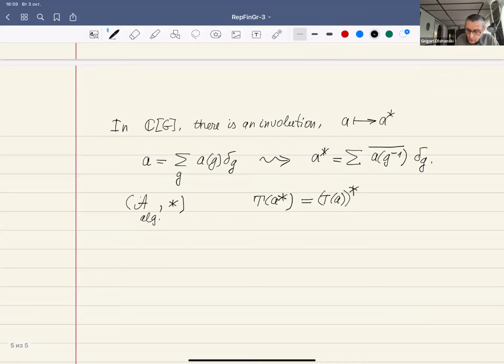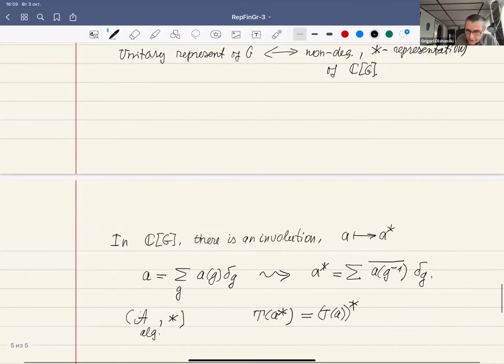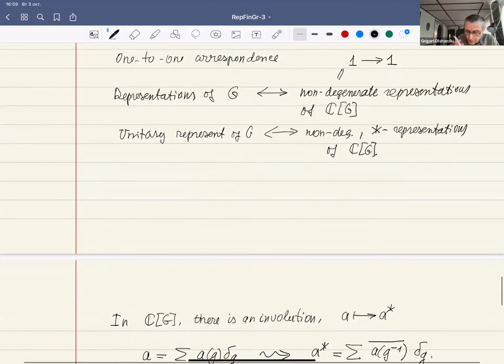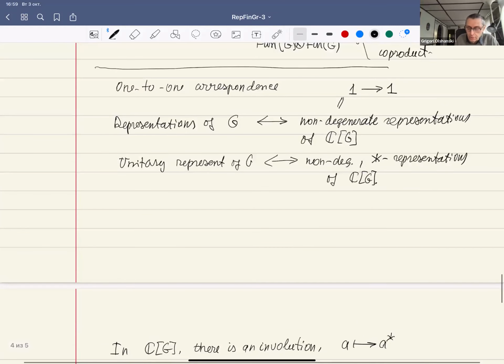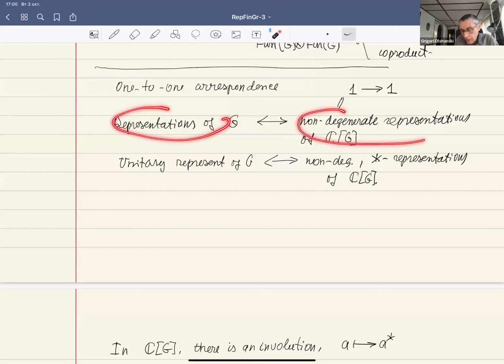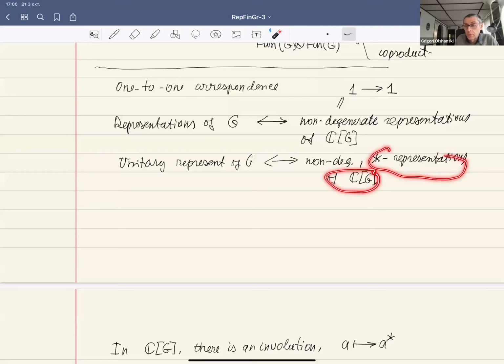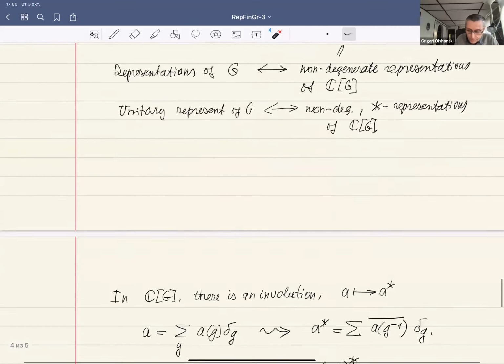I will discuss it later, not today, in more detail. But just keep in mind that there is an equivalence, one can say formally, equivalence of categories: representations of group, representations of algebra, unitary representations, star representations, or representations compatible with the involution.